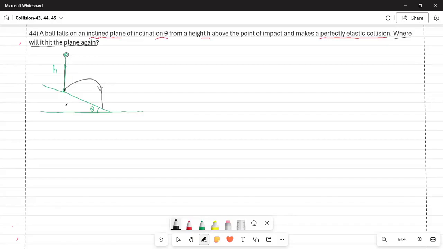Now we have to find out this distance r, from this point to this point. Let us first find out with what velocity the ball hits the ground. The ground itself here is inclined.